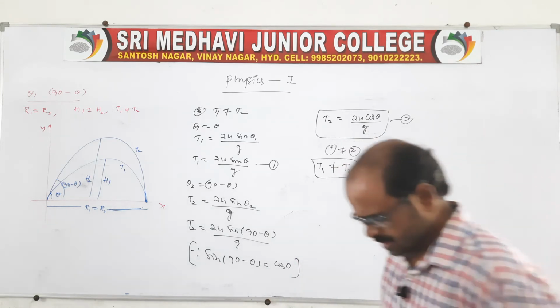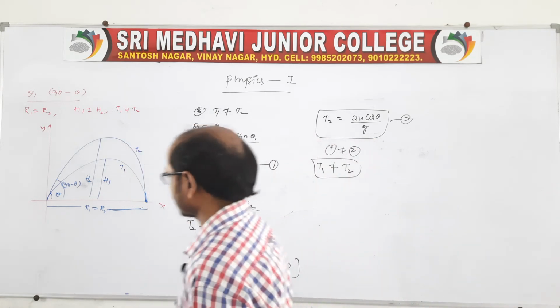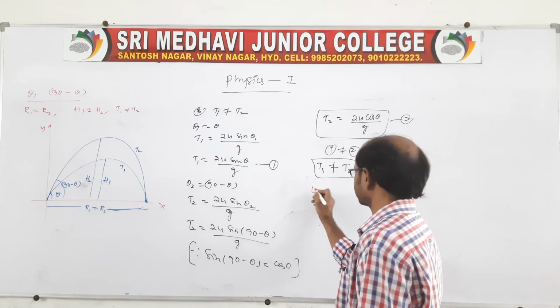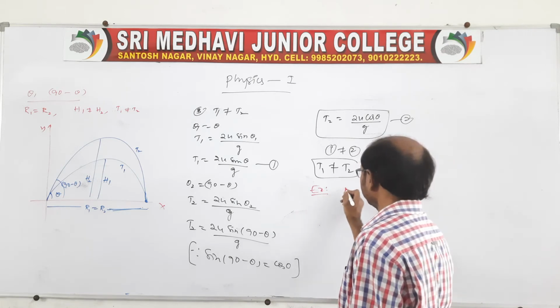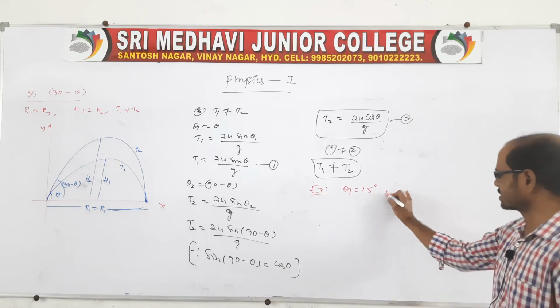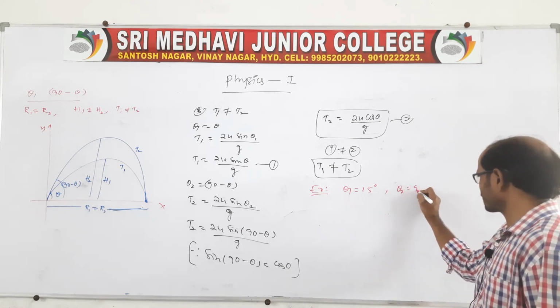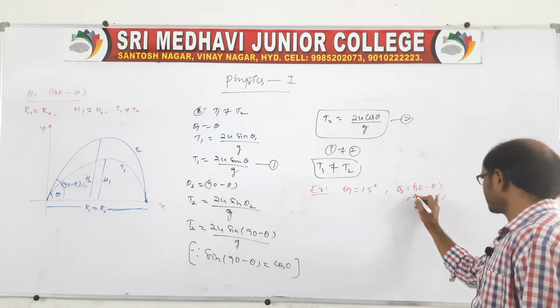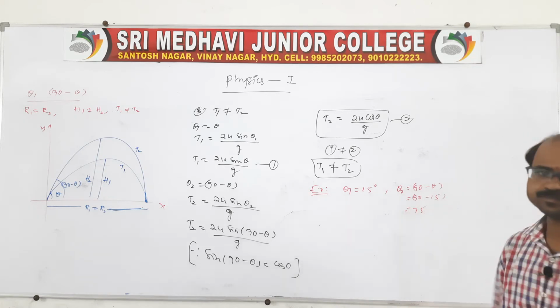So this will be the explanation related to complementary angles. Now I will tell you examples related to complementary angles. Take theta 1 is equal to 15 degree. This is one angle, and theta 2 is 90 minus theta, so 90 minus 15 is 75 degree.